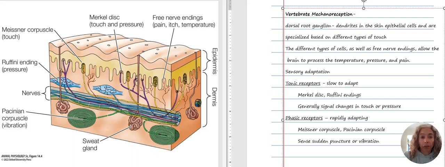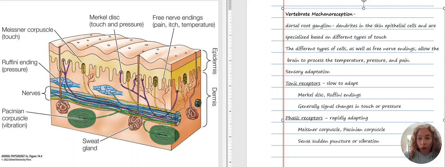Other receptors are going to adapt more rapidly and provide more of a burst response to touch, and these are called phasic receptors. The two phasic receptors are the Meissner corpuscles, which will give a burst of action potentials as the stimulus is applied, but it's going to cease during a maintained stimulus.